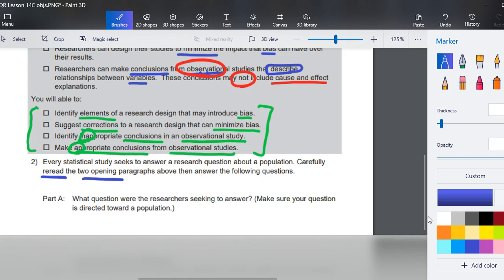The question being, what question were the researchers seeking to answer? Make sure your question is directed toward a population.